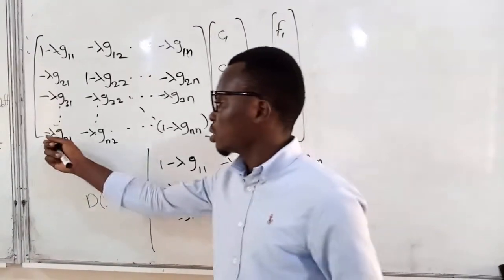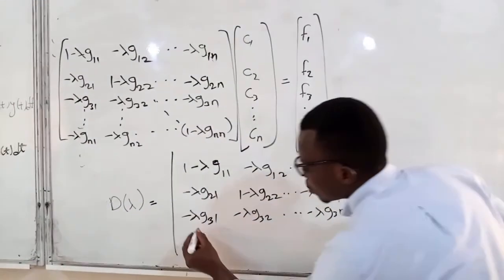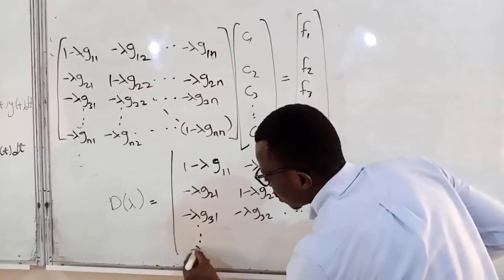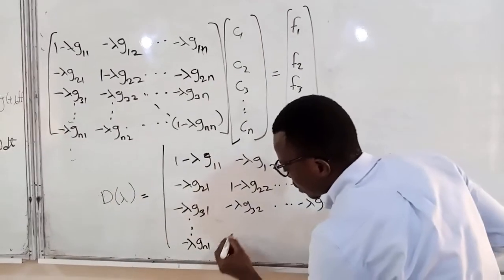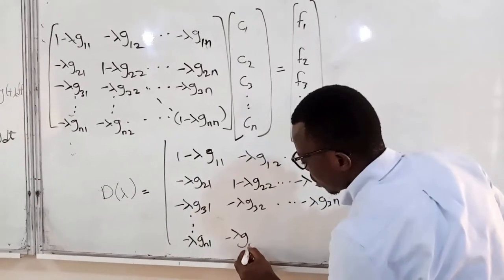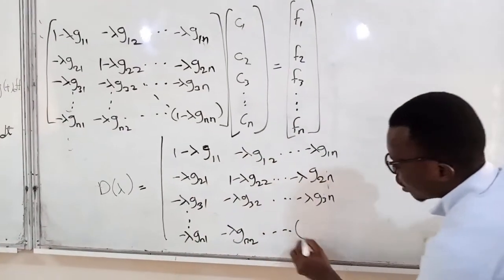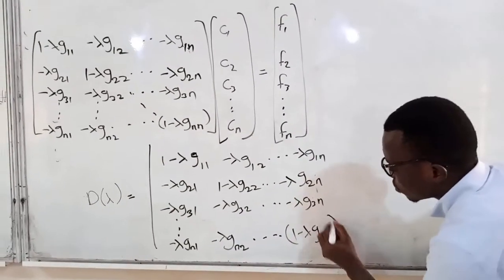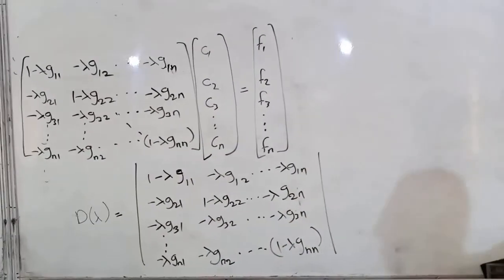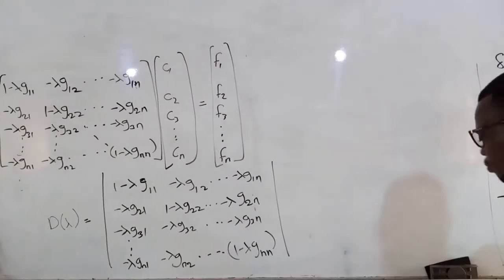The last row becomes minus lambda jn1, then minus lambda jn2, up to the nth entry, having 1 minus lambda jnn. Then this is the determinant that you are going to look for.